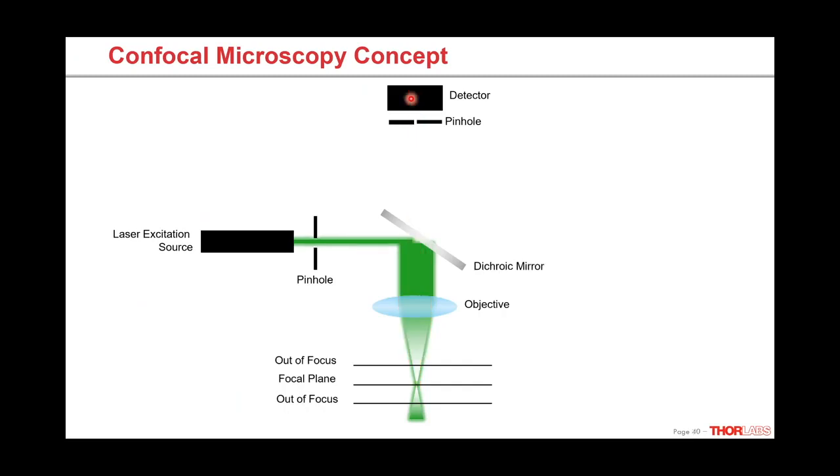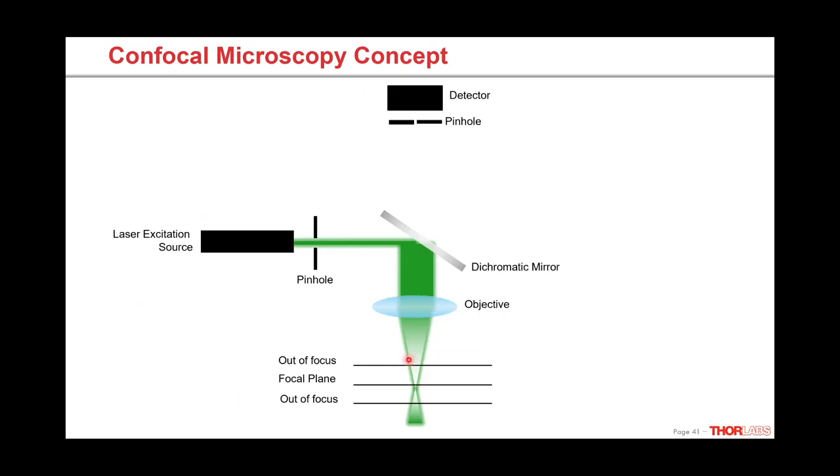Now, light that's from out of focus, so for instance, sample light that is excited by the excitation cone beneath the point of focus, is going to be focused above the pinhole. And therefore, this light is going to expand here after the point of focus. And then most of these photons are going to strike the side of the pinhole and not make it through to the detector, getting excluded from the detector.